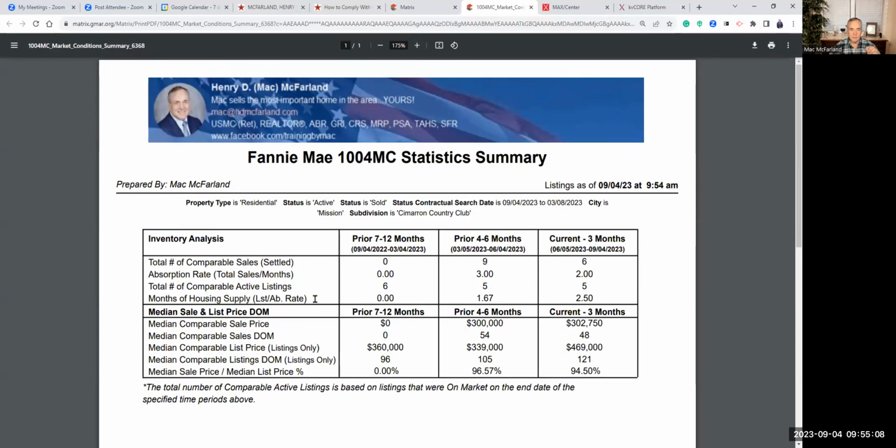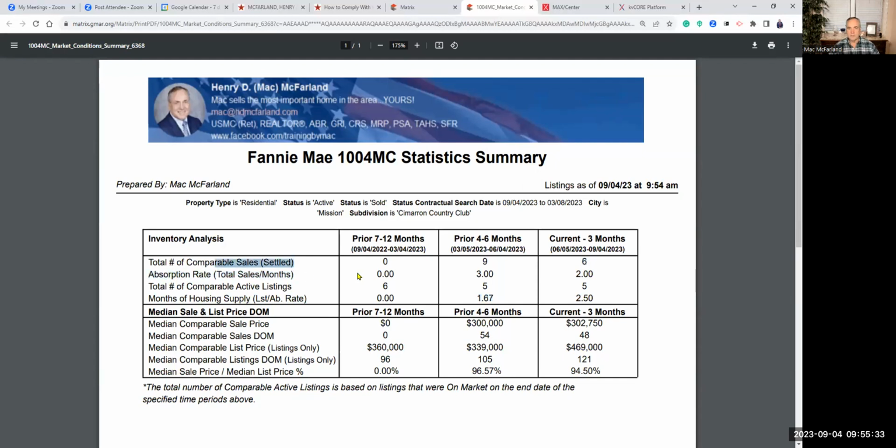So the reason I wanted you to see it is here's our housing supply, our absorption rate right here. So over the last 3 months, we went to 2.5, 4 to 6, we were at 1.7, which means the market's slowing down in that area, right? So that's our absorption rate.